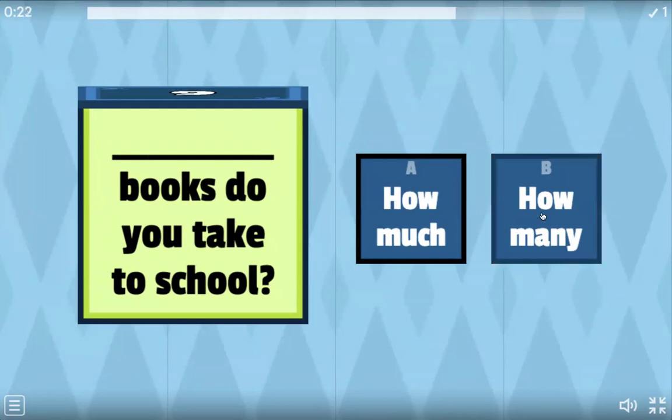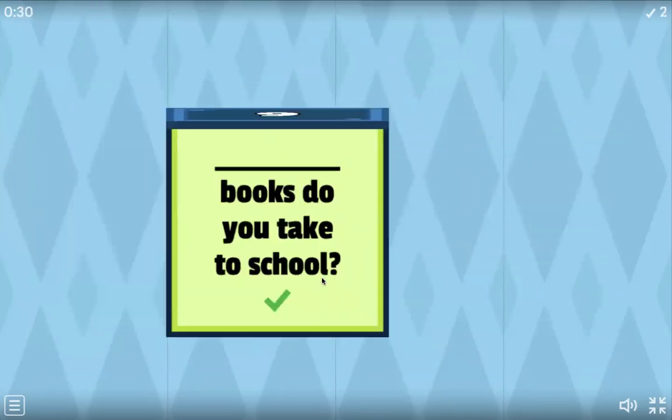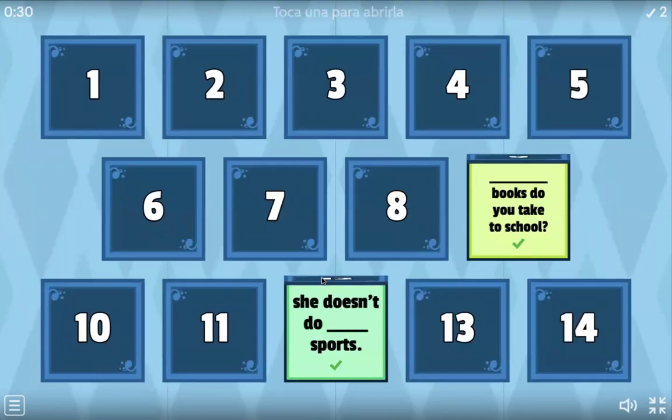How many books do you take to school? Correct. How many books do you take to university? You go to university, don't you? Yes. So how many books do you take to university? Two books only. Okay, perfect.